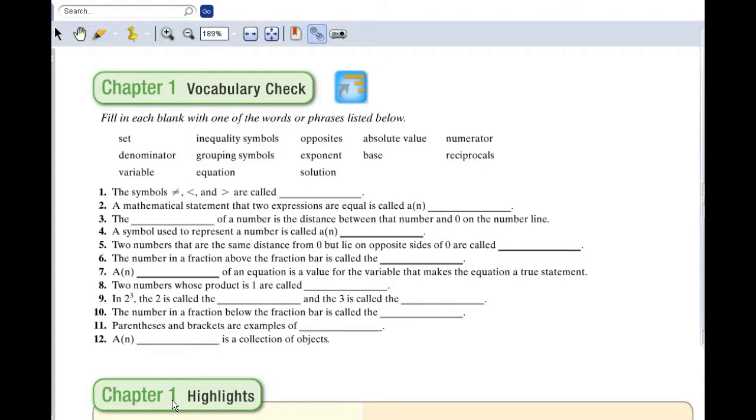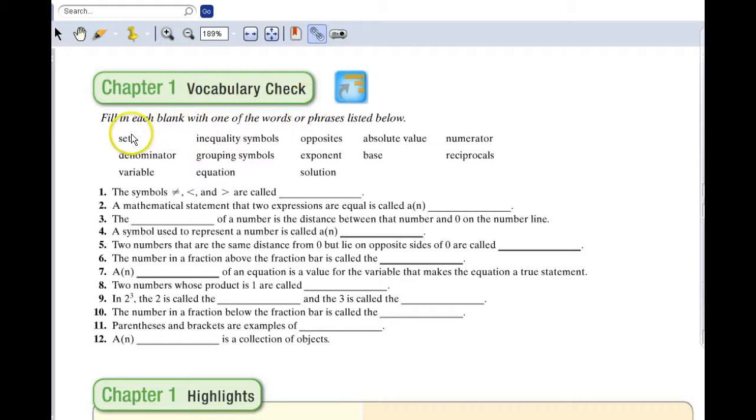All right, as you prepare for the final exam, I thought we'd do a little review. This is right from the online textbook, Beginning and Intermediate Algebra, and we'll start off with a Chapter 1 vocabulary check.